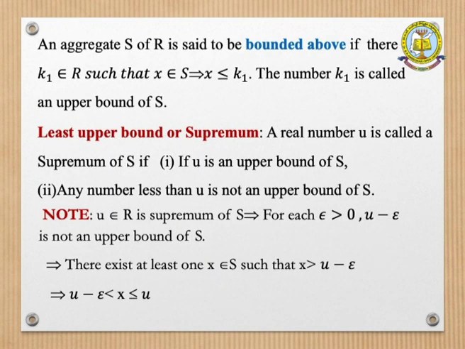If u is an upper bound, then x is less than or equal to u. If u minus epsilon is not an upper bound, then definitely x is greater than u minus epsilon. So, what is our conclusion? Whenever u is a supremum, we have u minus epsilon less than x less than or equal to u.